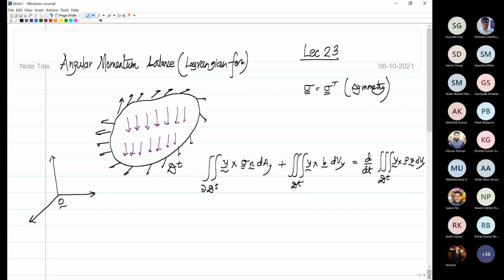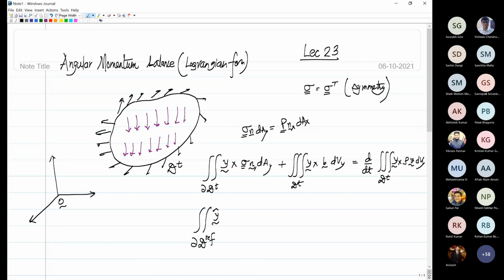Now, since we have to do it in Lagrangian form, we have to convert everything to the Lagrangian domain. So the first integral, for example, we can recall that sigma times n da is the same as P times nx dax, and this also converts the integral from del dt to del d ref.